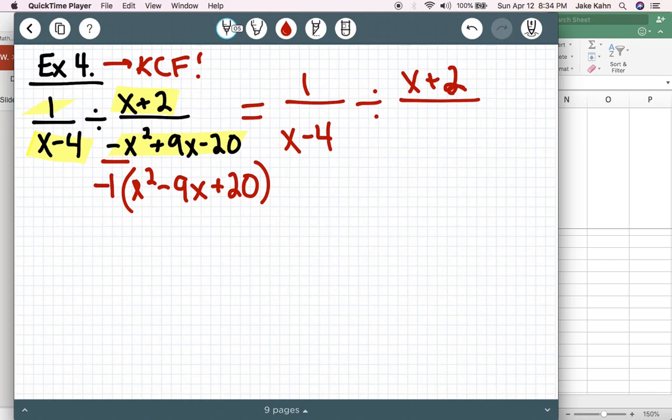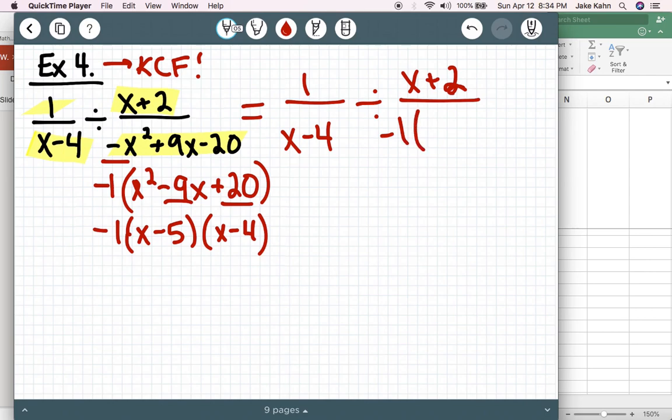Now we have an a value of 1 inside these parentheses, and we simply ask ourselves, what two numbers multiply to get 20 and add to get -9? Those numbers will be -5 and -4. So that's my factored quadratic here, which I'm going to put right up here. -1 times x minus 5 times x minus 4.